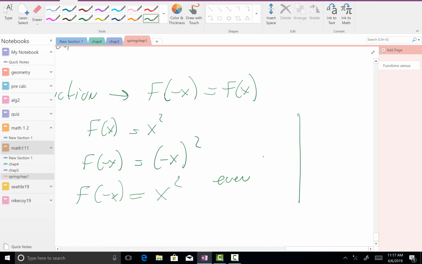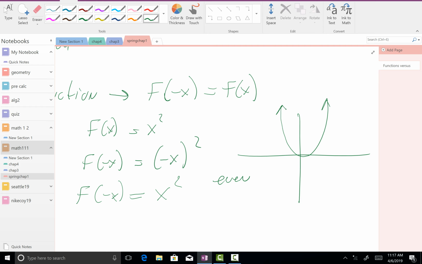Now, we've done x squared a couple times today, and in the last section I said this function is symmetric about the y-axis. Well, it says in here that if it's symmetric about the y-axis, then it's even.